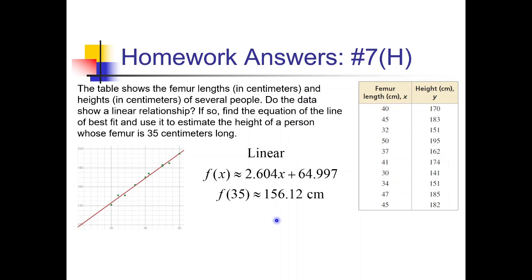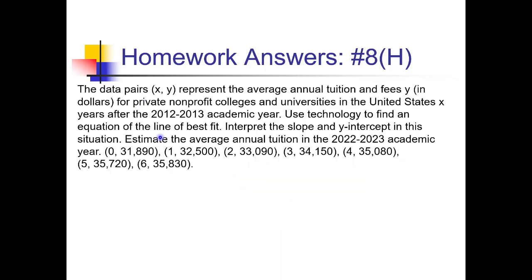Good to know. For this problem, which is fairly pertinent to students now, the data pairs represent the average annual tuition and fees, which are going to be Y in dollars for some private nonprofit colleges and universities in the U.S. X years after the 2012-2013 academic year. Awesome.